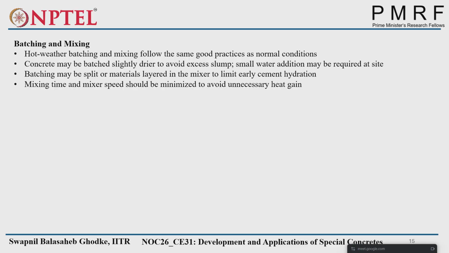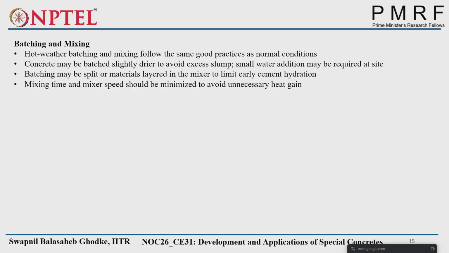In normal Indian conditions, we are not very worried about mixing time and mixer speed, but it also affects hydration. So in hot weather conditions, we should use the minimum mixing time and mixer speed. How do we identify the minimum mixing time and mixer speed? It is based on your mix: the mixing time and mixer speed at which you get a homogeneous mix.